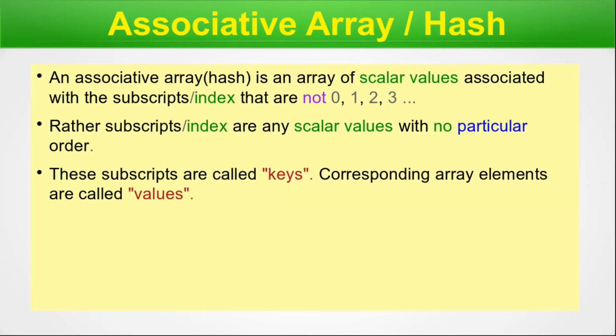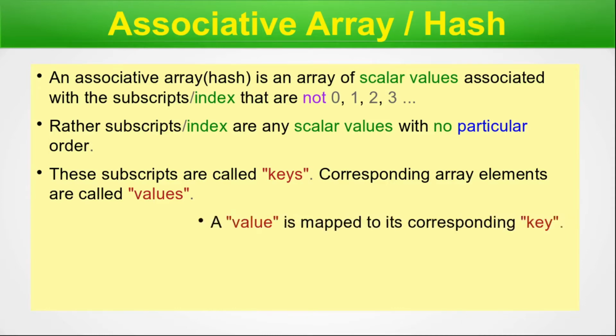These subscript values are called keys. Corresponding array elements are called values. So here we map one key to one value. So the mapped data is called value, and the index is called keys.